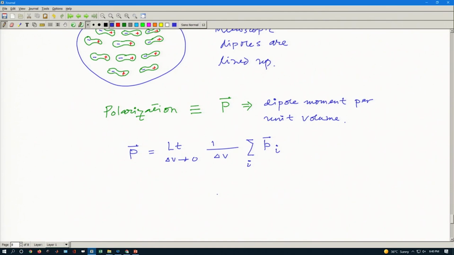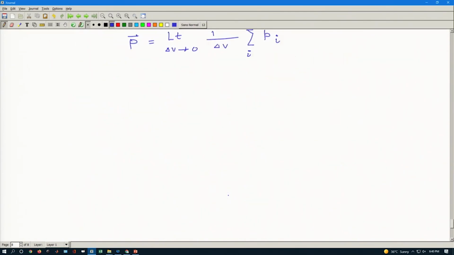Now, quickly let us calculate the atomic polarizability, not the bulk, but the atomic polarizability.